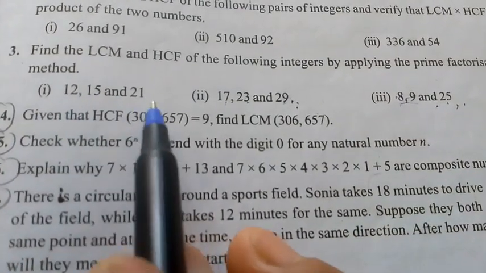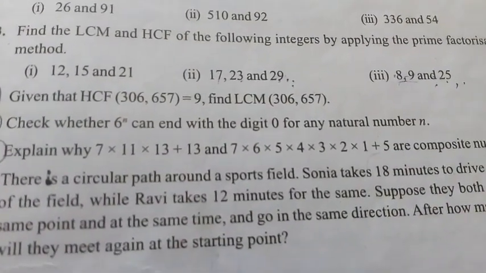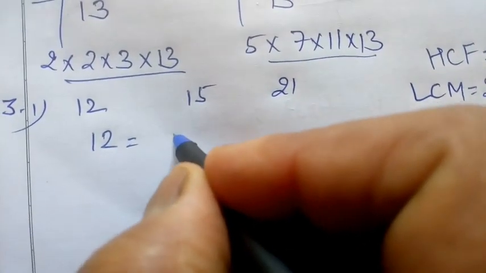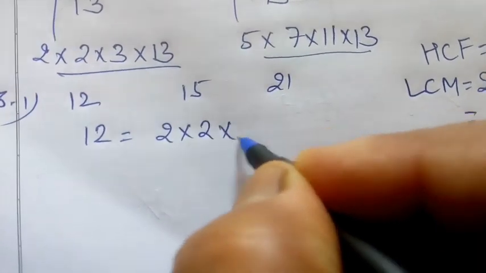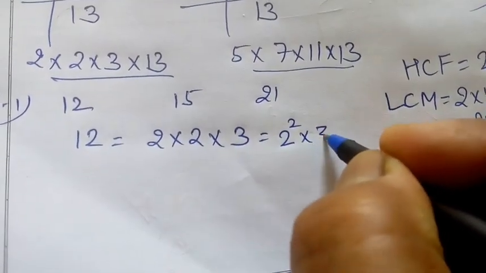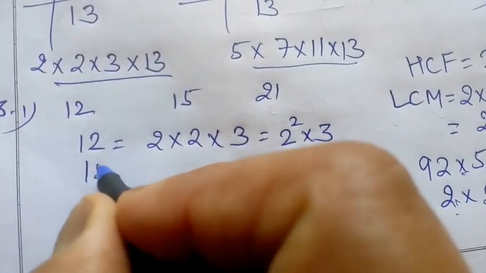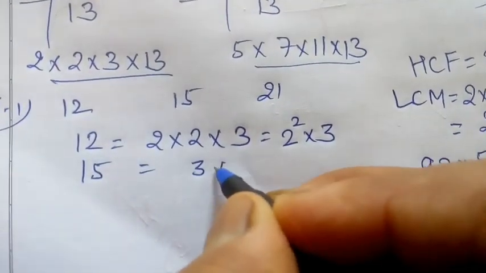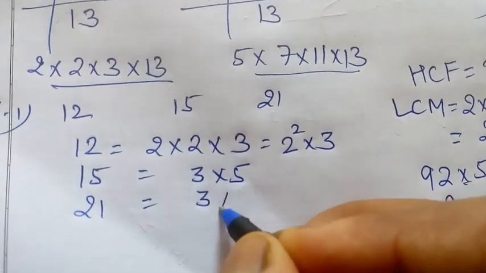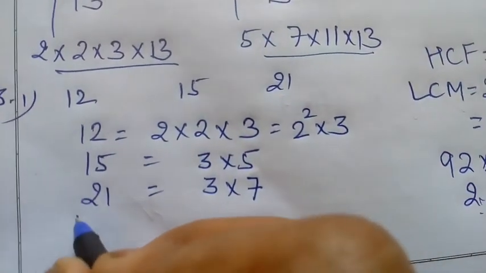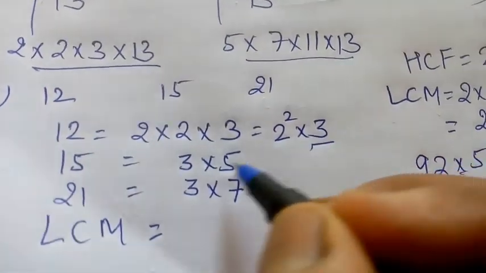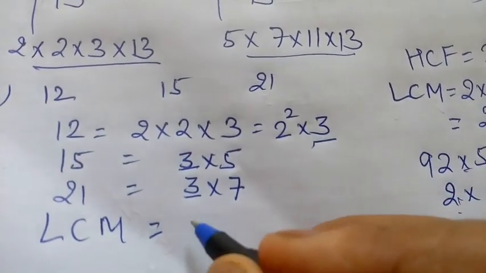But 12, 15 and 21. See in the copy. The prime factorization of 12 is 2 into 2 into 3. It means 2 raised to power 2 into 3. And 15 equal to 3 into 5. And 21 equal to 3 into 7. Now taking LCM. 3 is common factor in these three.